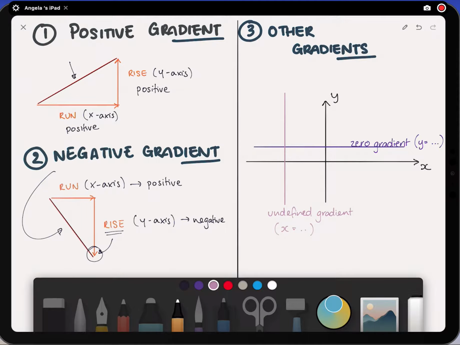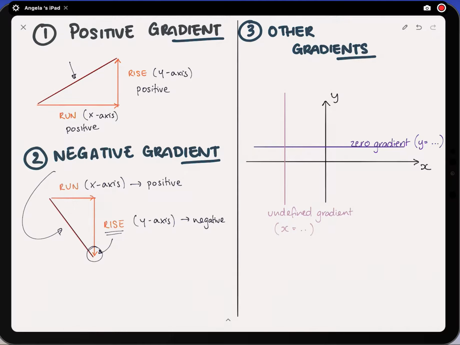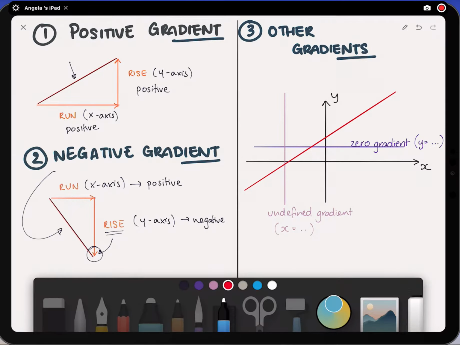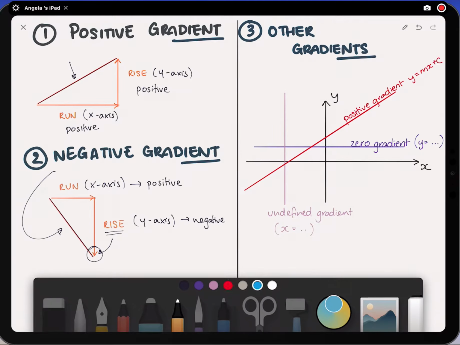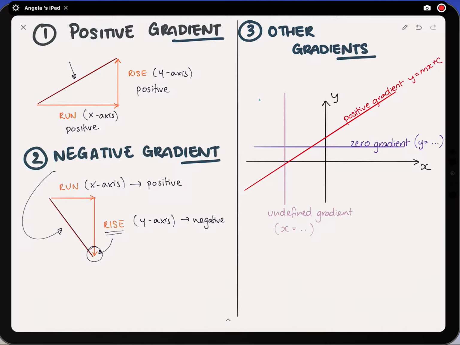So drawing the other two gradients we now know, we know that this is a positive gradient, where the formula will be y equals mx plus c. And then our final one will be a negative gradient, which I'll denote by the blue line.